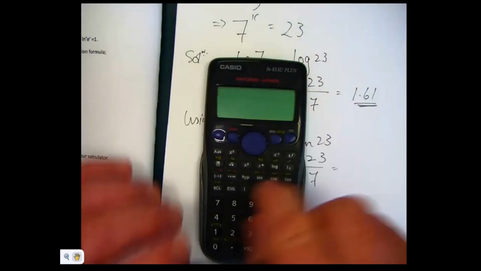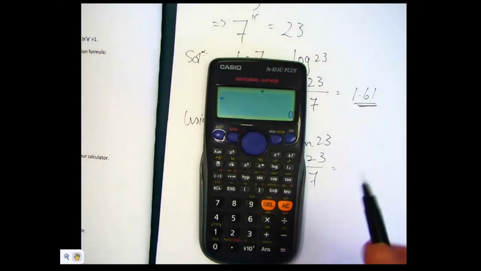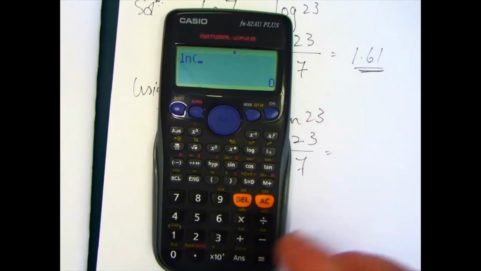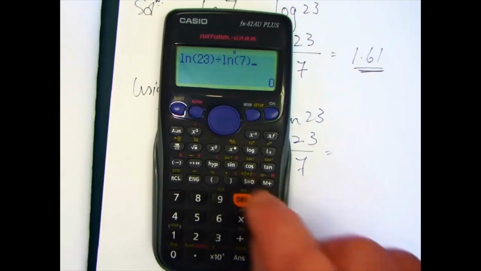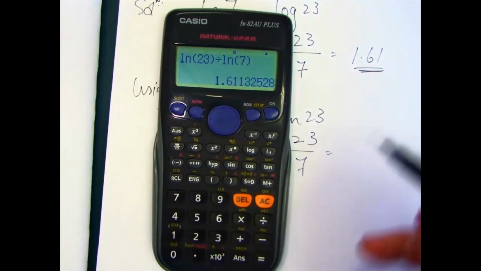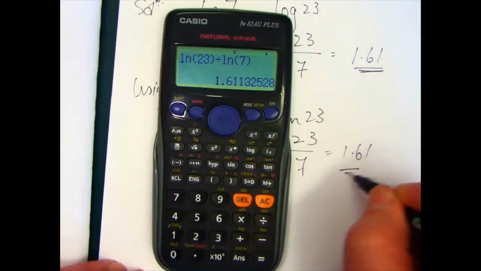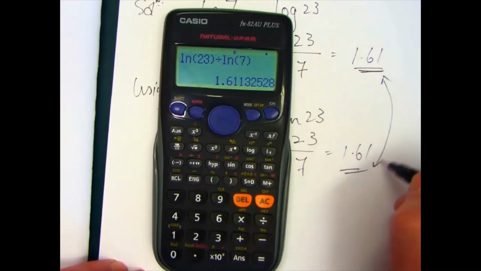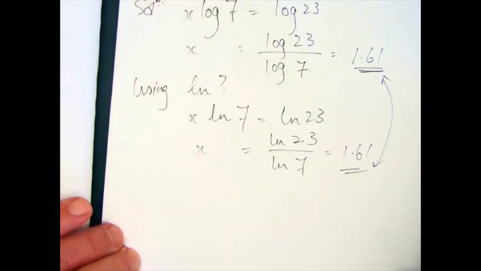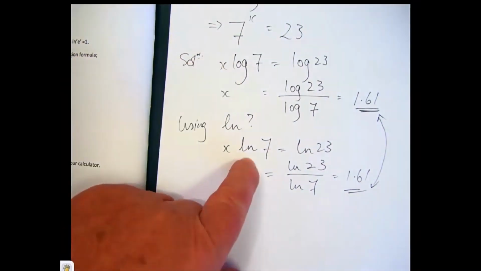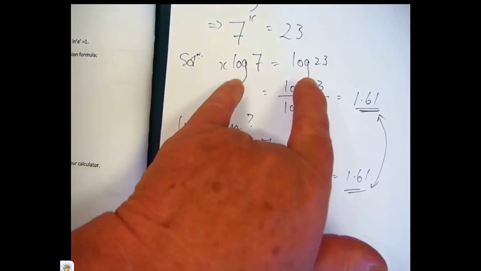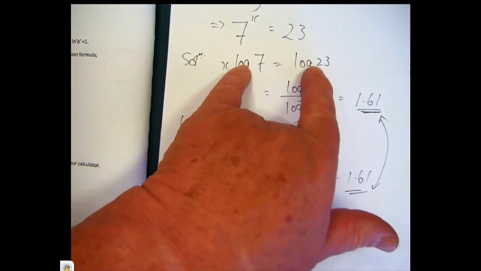It's a different base, but we've used the same base on both sides. So natural log 23, close off for good practice, divided by natural log 7, close that off for good practice. Bingo. Really good. So you can have full confidence that it is irrelevant whether you use log base 10 or natural log, providing you use the same on both sides.